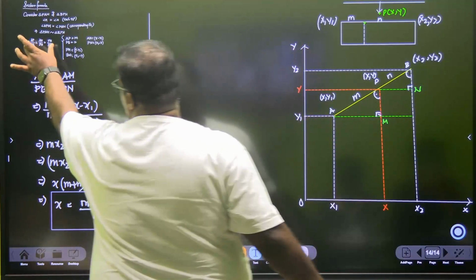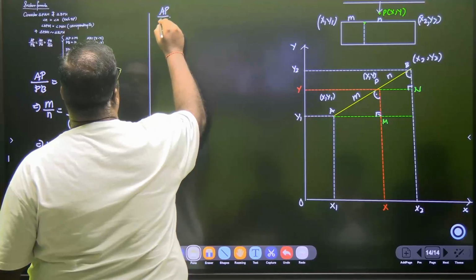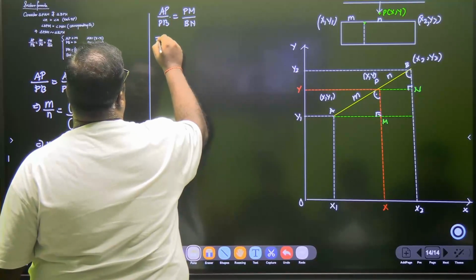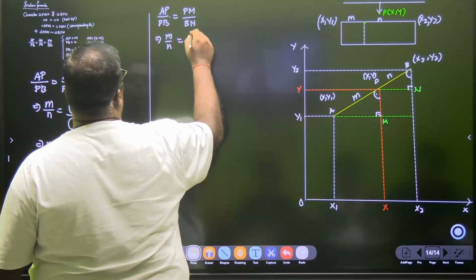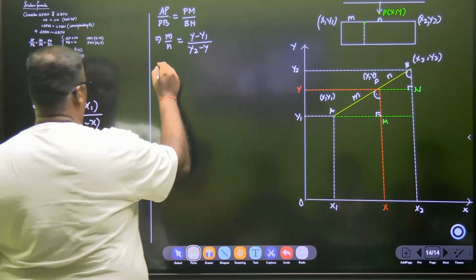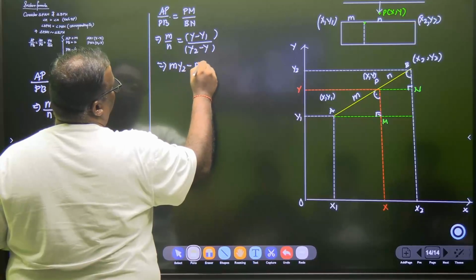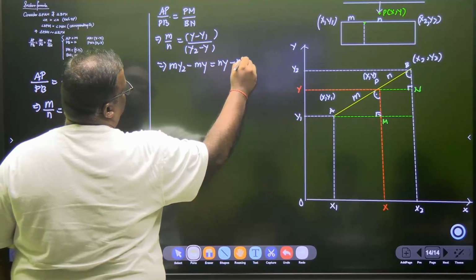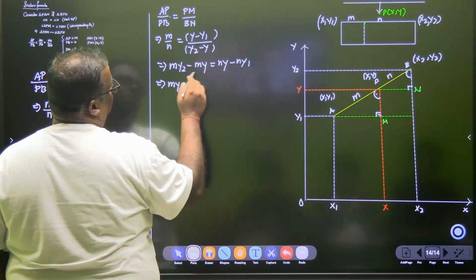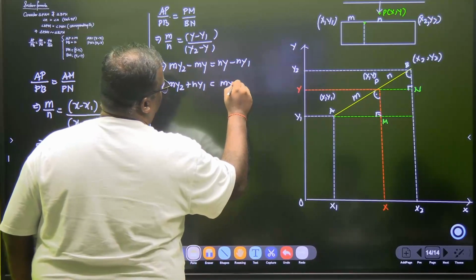For the y value, we will take first and last. So we will process AP by PB is equal to PM by BN, or M by N is equal to Y minus Y1 divided by Y2 minus Y. Cross multiply them, I get MY2 minus MY is equal to NY minus NY1, or MY2 plus NY1 is equal to MY plus NY.